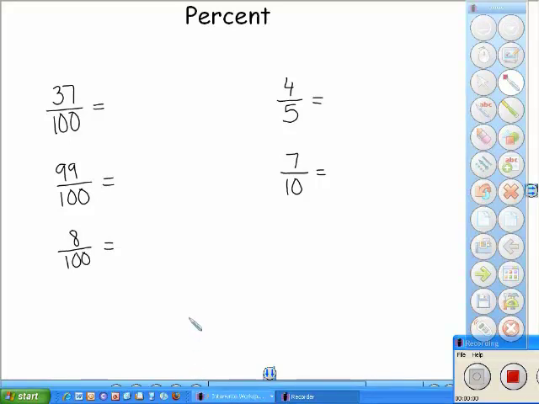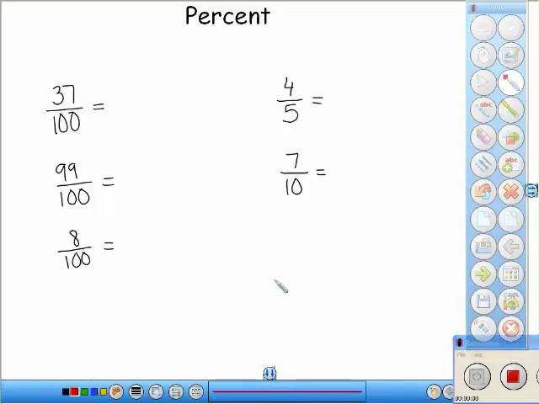Okay, in this math review video, it's time to take a look at percents and percentages. We've been doing a lot of work with fractions and decimals, and like we've learned in class, percents are kind of in the same family. Percents are just another way to write a fraction or a decimal. If I were to ask you, what does the word percent mean? Remember what we said in class.